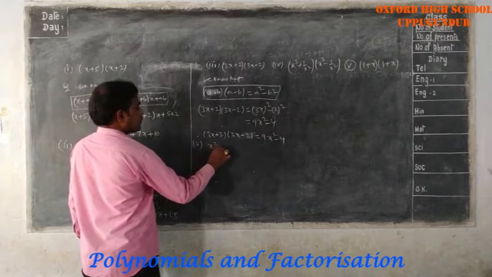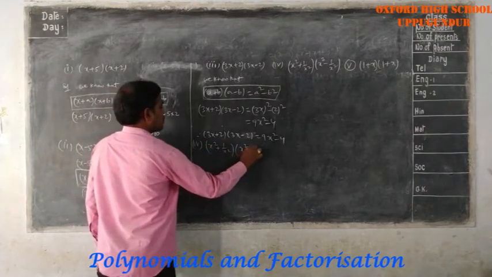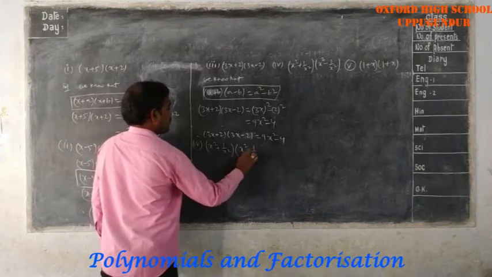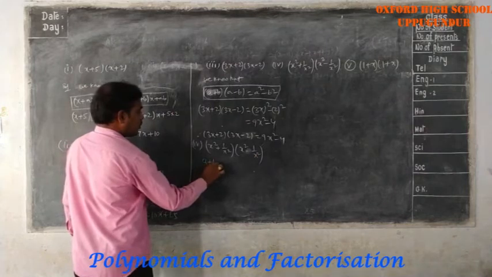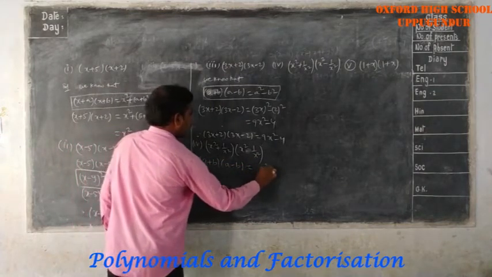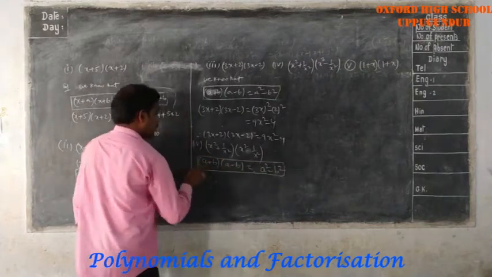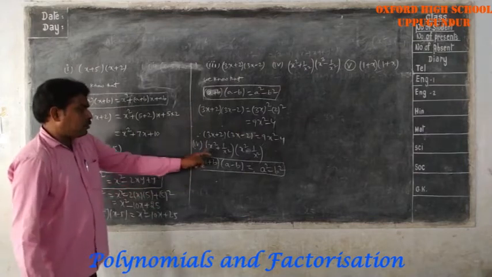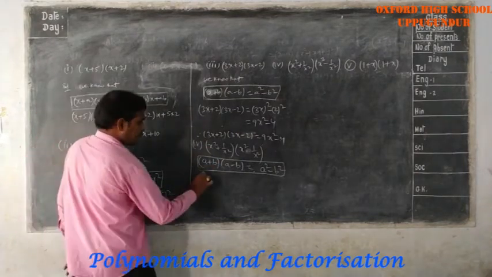Similarly, we can do the fourth problem. Fourth one, (x square plus 1 by x square) of (x square minus 1 by x square). This also uses the identity (a plus b) of (a minus b) equal to a square minus b square. In place of a, substitute x square. In place of b, substitute 1 by x square.